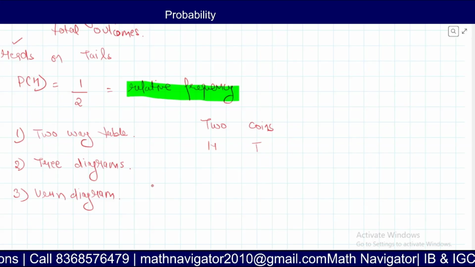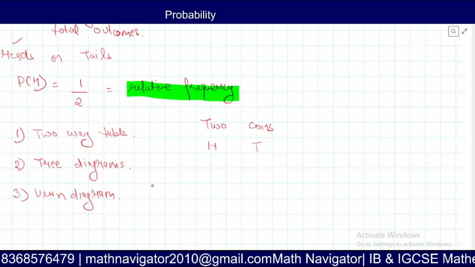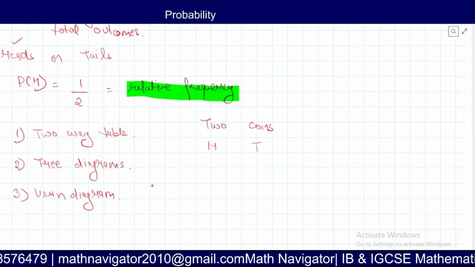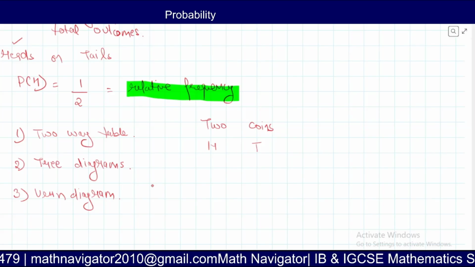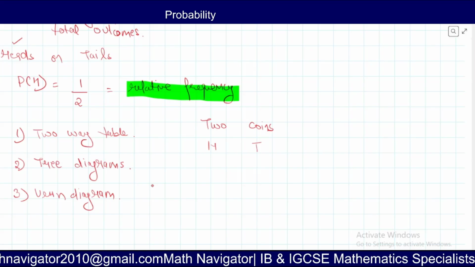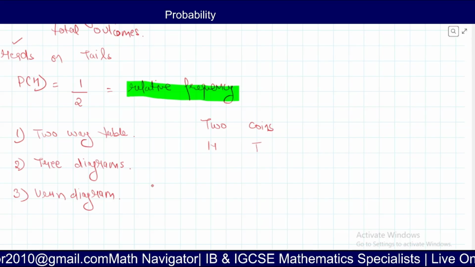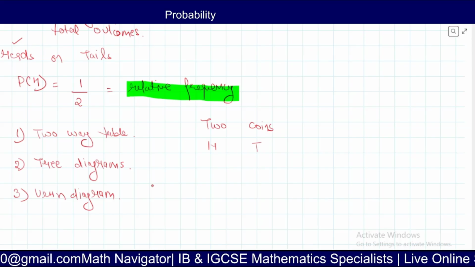If I ask you the probability of getting two heads, that means on both occasions you are getting heads. If I ask you the probability of getting one head, that means you are getting one head and one tail. It might be first head, second tail, first tail, second head, or whatever, right?